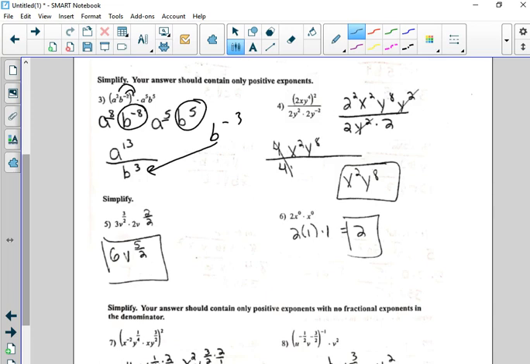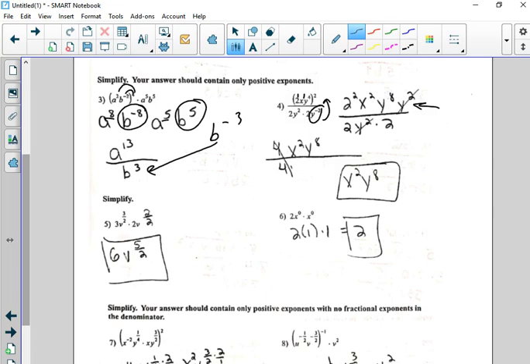Number 4, most common mistake here is not to square the 2. Remember, there's a 1 there and a 1 there. Okay? That's first off. This y to the negative 2 must move upstairs. That's why it's right there. So on the top, you have 4 x squared y to the 8.